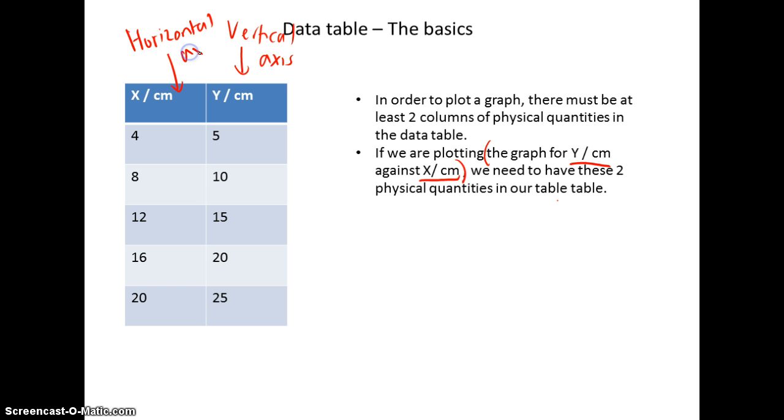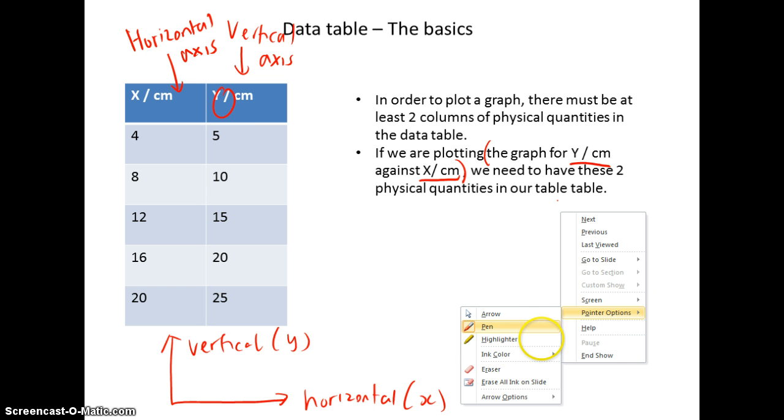Now, if you do not know the meaning of vertical and horizontal, it's basically saying that this is my horizontal and this is my vertical. Meaning to say this should be the y and this should be the x.